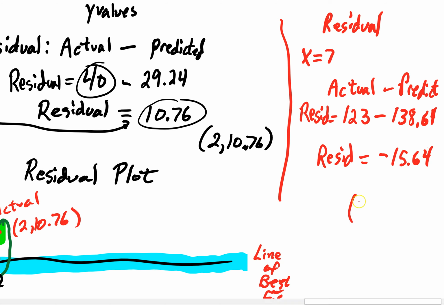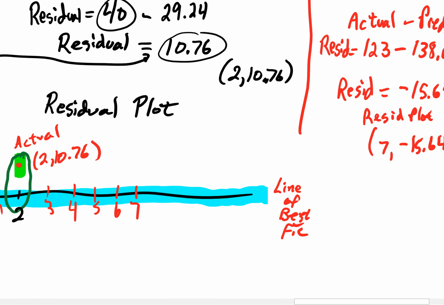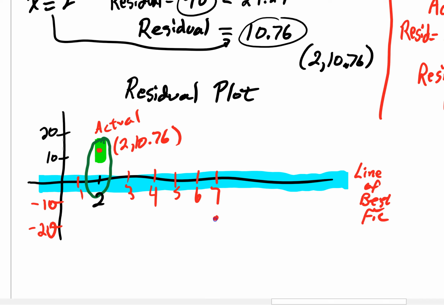So our residual plot is going to be 7 comma negative 15.64. So here's 1, 2, we could say 3, 4, 5, 6, 7 right over here. Here's negative 10, here's negative 20. 7 comma negative 15.64 would be right over here, wouldn't it? What are we getting at?